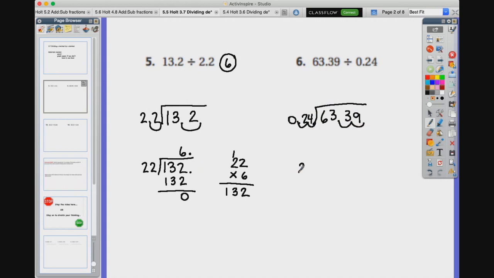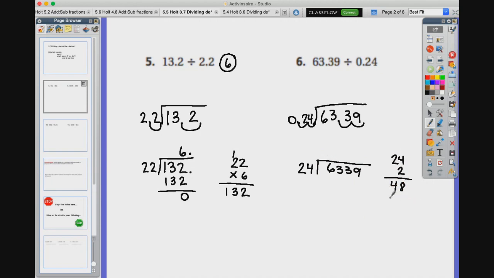My problem now becomes 6,339 divided by 24. 24 goes into 63. I know for sure it goes in 2 times, because I know that 25 times 2 is 50. So 24 times 2 is going to be 48.